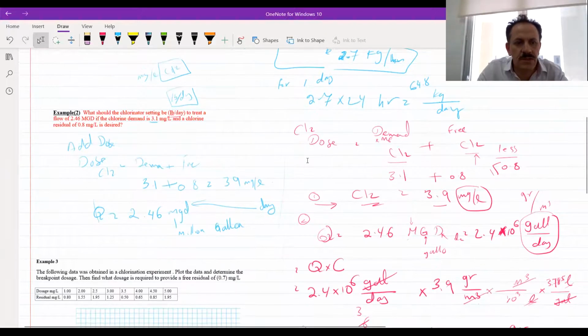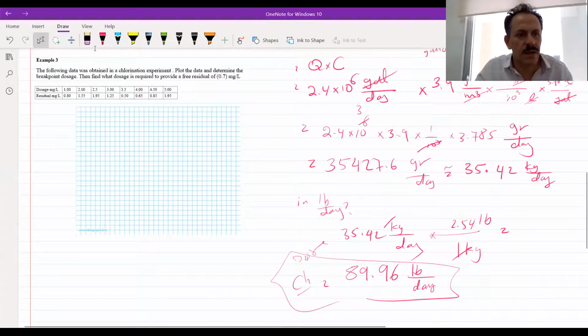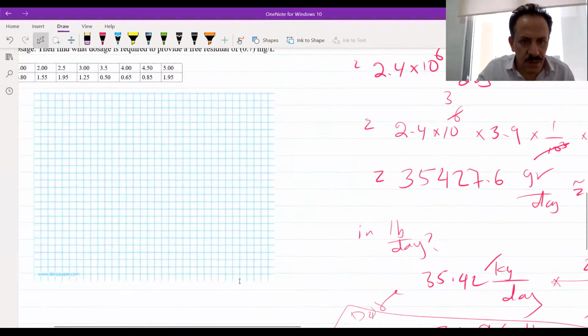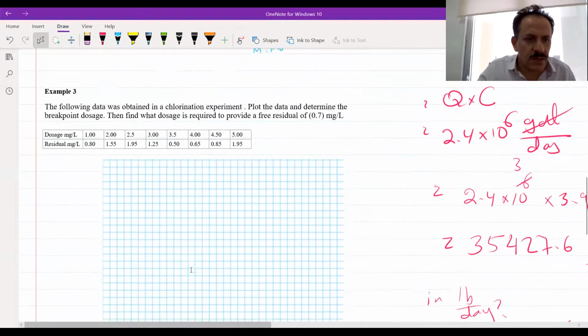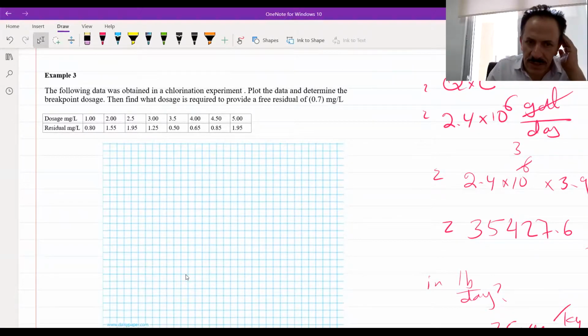Okay. Now this was another question, and I want to just show you what I brought to my students in the previous semester. This was the question. It said that the following data was obtained in a chlorination experiment. So we did a chlorination experiment. We have a sample and we added chlorine and we checked for the residual chlorine. First of all, I added the dosage that we add.